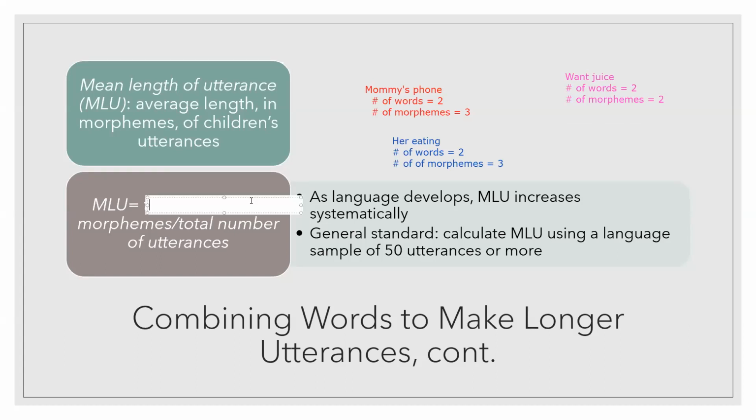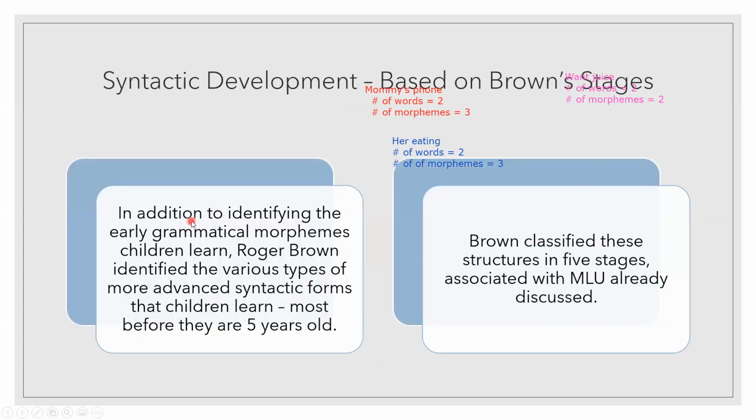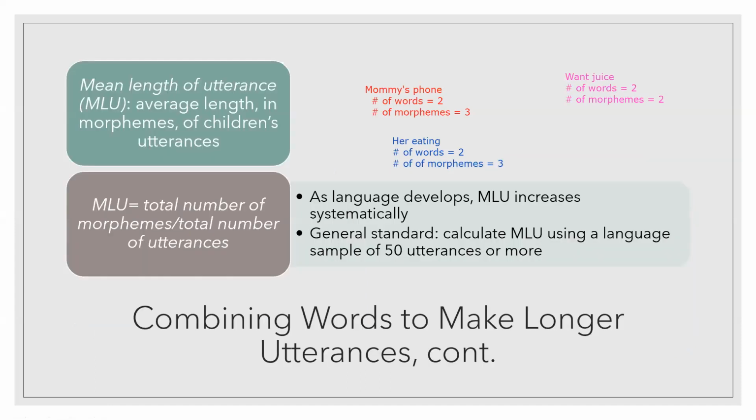Remember, we have to take the total number of morphemes divided by the total number of utterances. We're going to do it first in MLU in words and then MLU in morphemes, just to make the point.